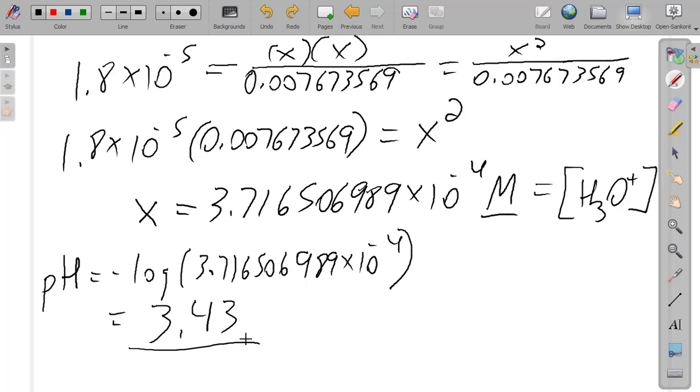Because it is a logarithmic scale, the difference between 2.12 and 3.43 is very large. And so you can see that weak acids, because of their limited dissociation, have much higher pH values relatively than strong acids. All right. Hopefully this makes sense.